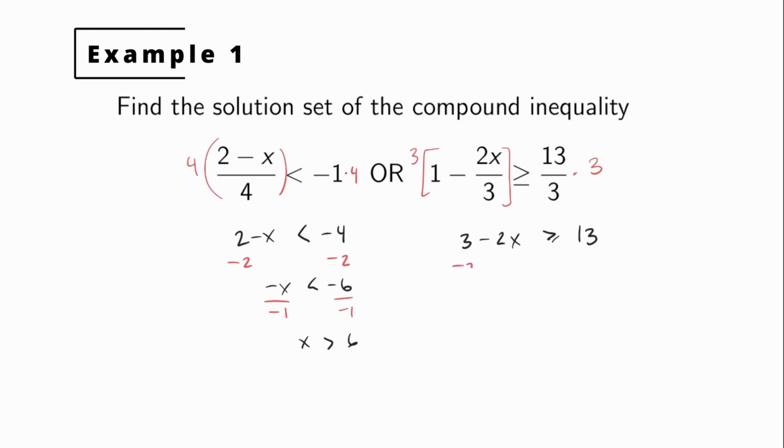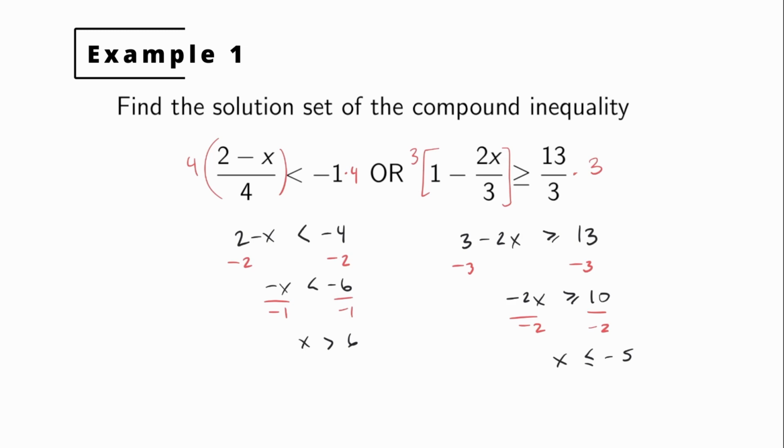So now we subtract 3 from both sides. We have negative 2x is greater than 10. Okay, and then we divide both sides by negative 2. And we arrive at x. We change the direction of the inequality, so we're dividing by a negative number on both sides, and we get x is less than negative 5.